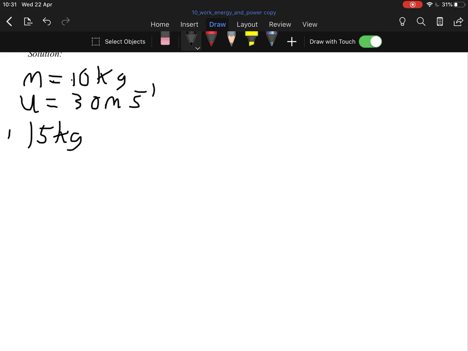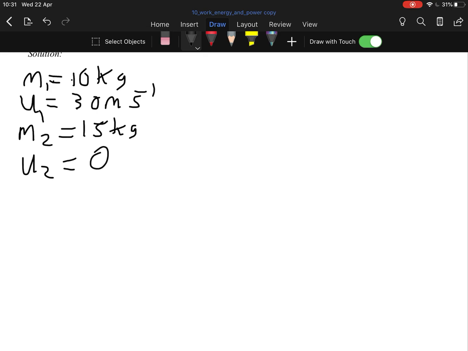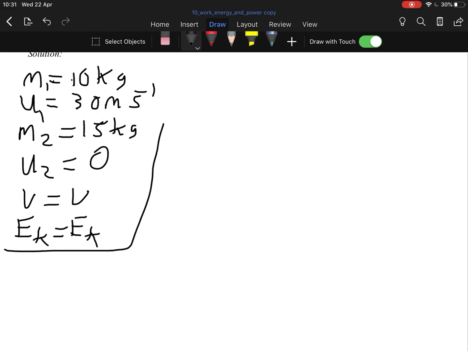Collides with and sticks to a mass of 15 kgs, M2. So I'm going to call that M1, U1, and it's at rest, so U2 equals 0. Find the velocity of the combined mass after collision. Find also the loss in kinetic energy. So we're looking for V, and we're looking for EK.